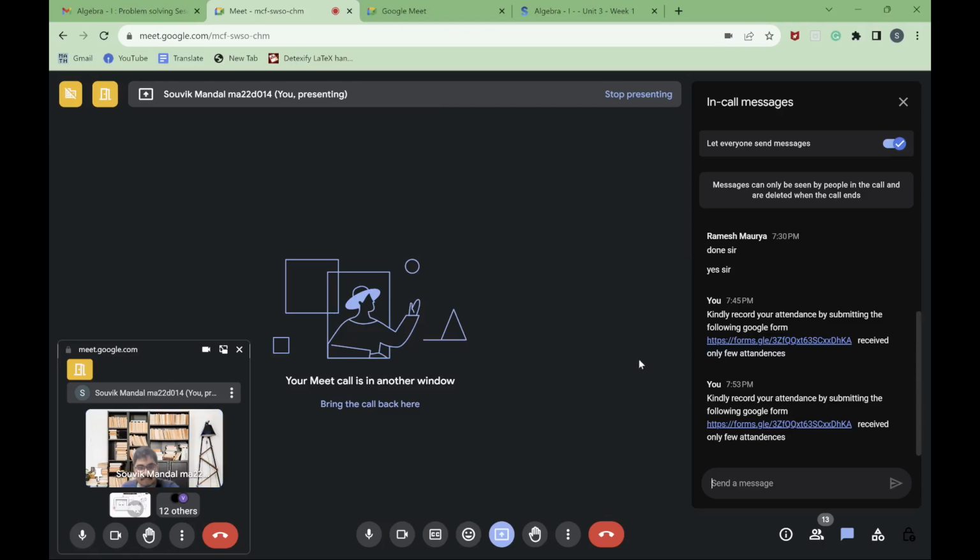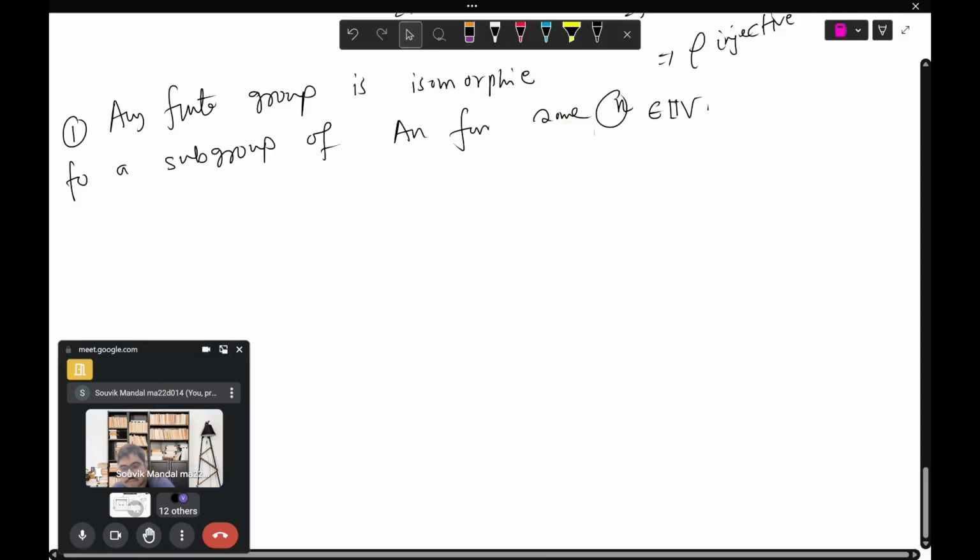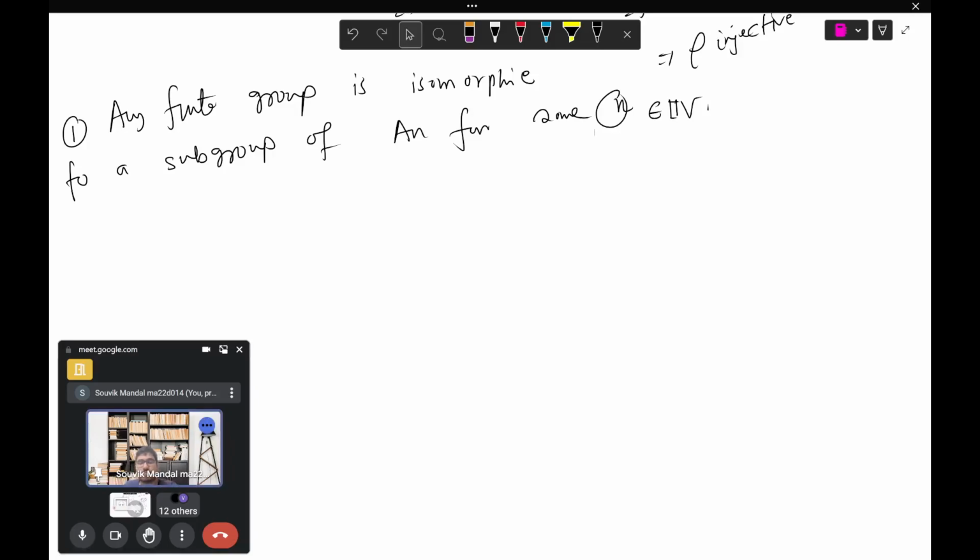What is the group name? An is the set of all even permutations.